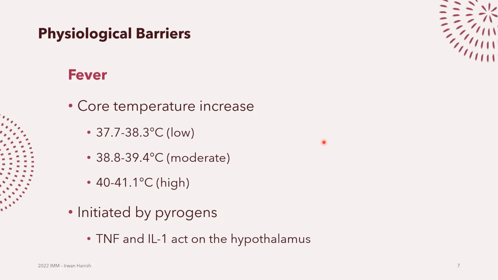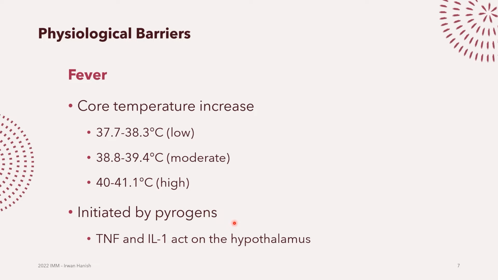When your core temperature rises above 37.5 and stays above it, it's a good chance that your body is fighting something, that the physiological shielding is being activated. If your temperature is up until around 38, it's a low fever. When it gets to 39 degrees Celsius, you have a moderate fever. And when it goes past 40 degrees Celsius, you need to see a doctor immediately for a high fever.